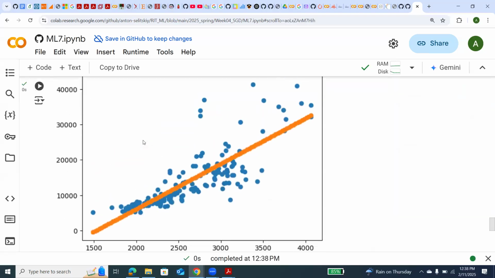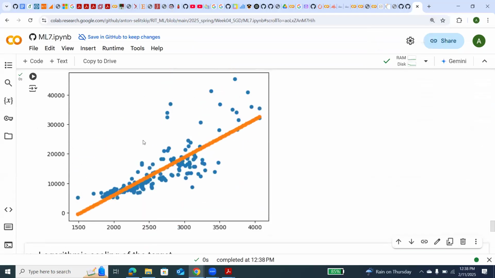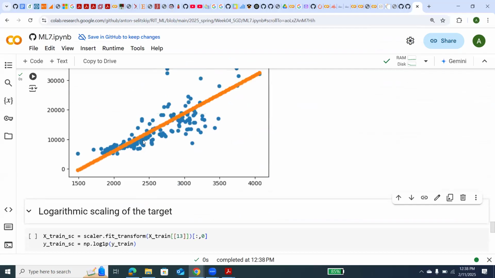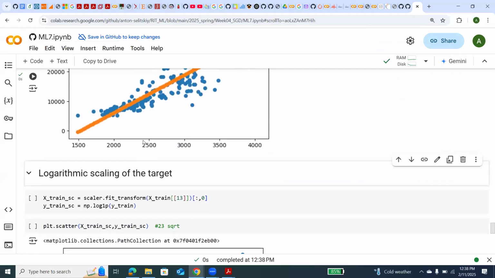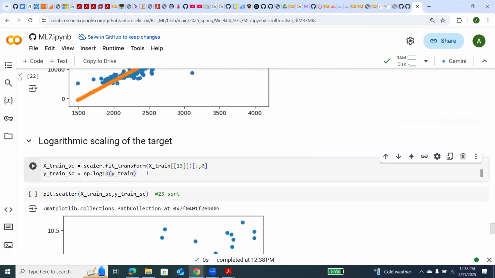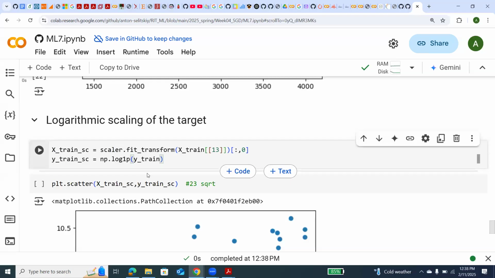So this is how our linear model will look like. And now I want to introduce so-called logarithmic scaling of the target. I will transform my target as log of 1 plus target.